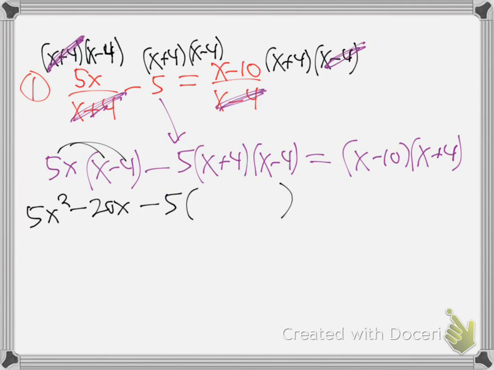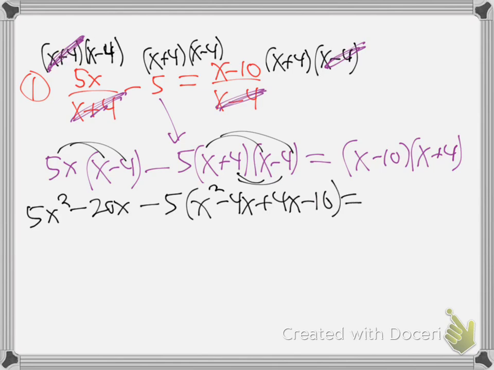So if you FOIL the rest, boom, boom, get x squared minus 4x, boom, boom, plus 4x minus 16. Equals. And the other side, boom, boom, x squared plus 4x, boom, boom, minus 10x minus 40.